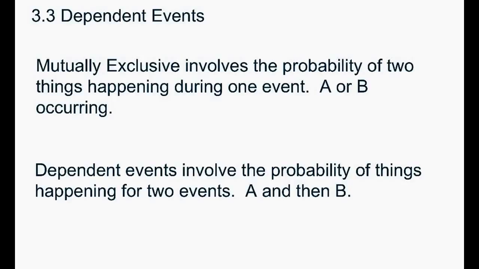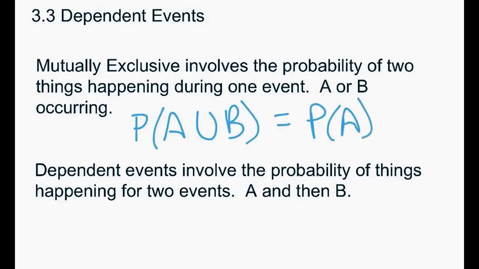drawing cards. In that case, our probability was A or B, so we used union, and basically we just add the two together. The only thing that was important was deciding whether they were not mutually exclusive, because then we had to subtract. For example, hearts or clubs: 13 out of 52 and 13 out of 52, add the two together, you get 26 out of 52.